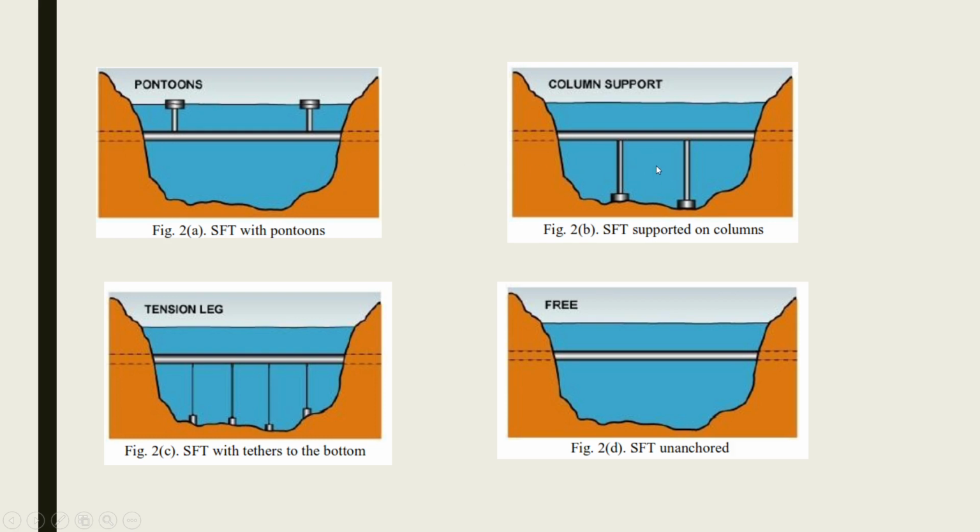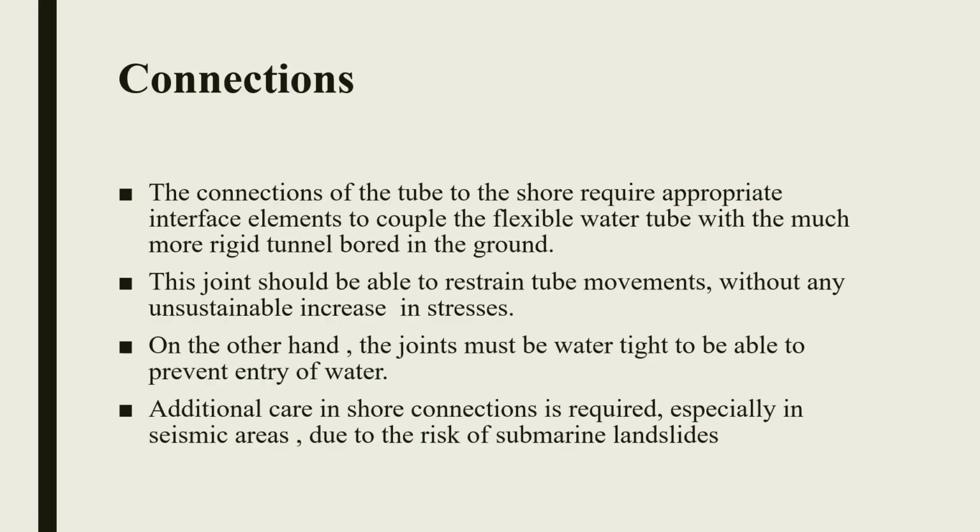This can also be done by erecting columns at the bed of the water body and supporting the tube on it. Tethers, the wire-like structures used to hold the tube, can also be used. For a small distance between two shores, a tube can be used without any support.